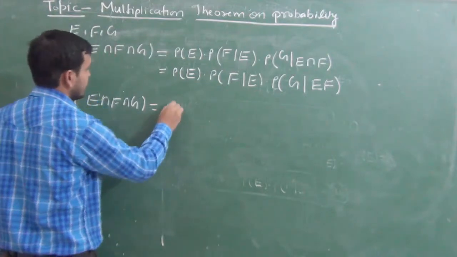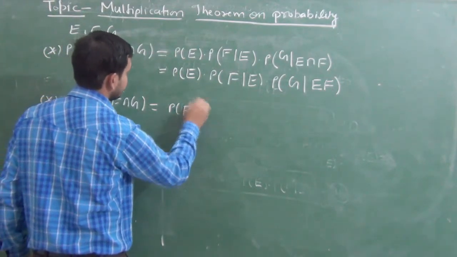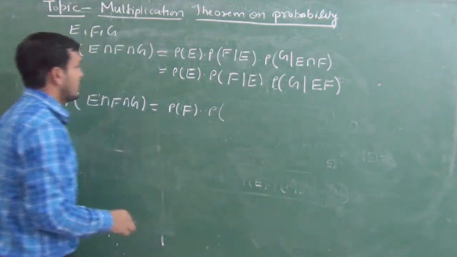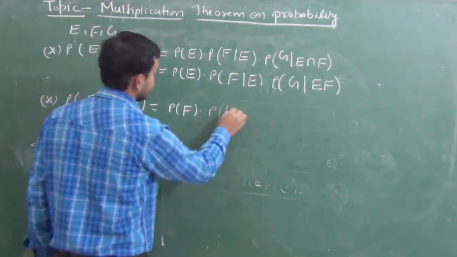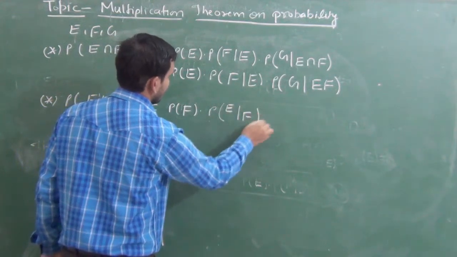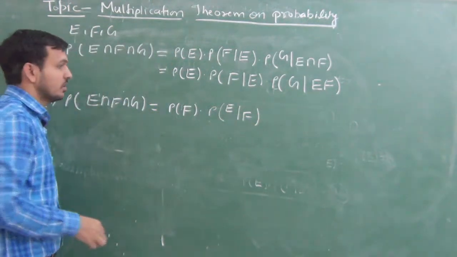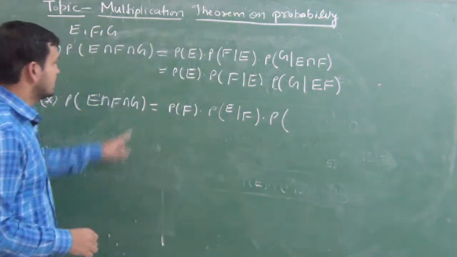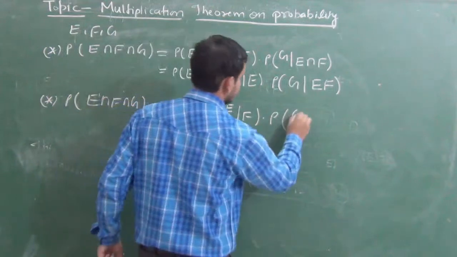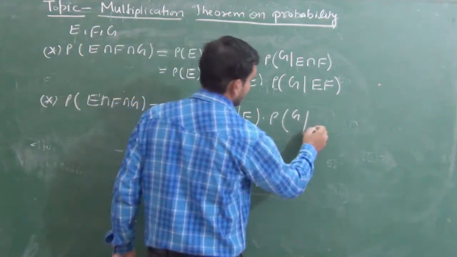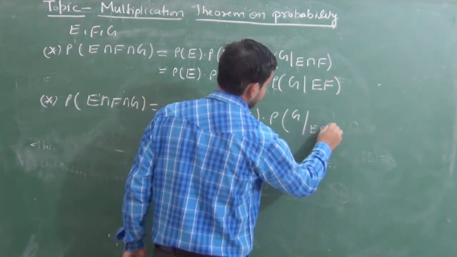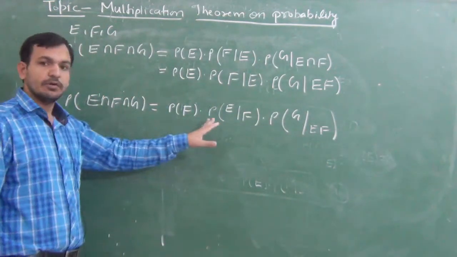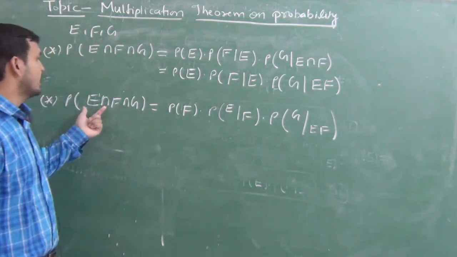We can write probability of F into probability of E when F has occurred into probability of G when E and F have occurred. Clear? So this formula can also be used to find the probability of E, F and G.